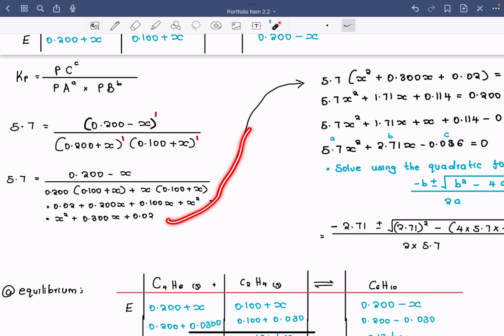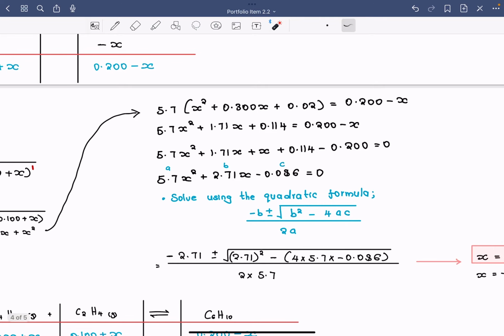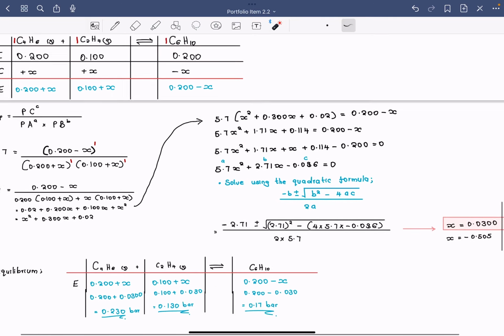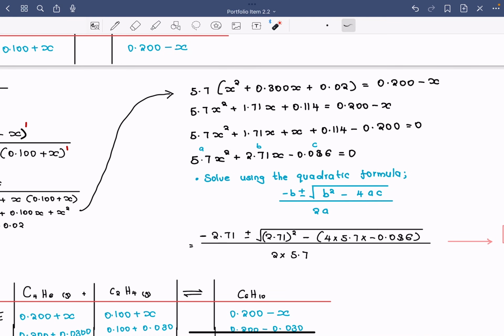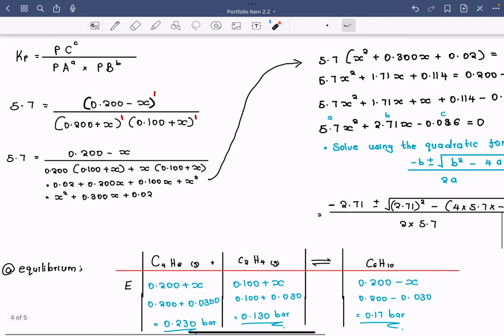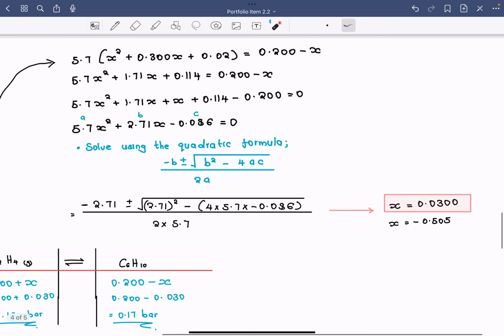So it's 5.7 times X squared plus 0.300X plus 0.02 equals, remember, that is still there, 0.200 minus X. And I open my brackets by distributing the 5.7, so it'd be 5.7 times X squared, 5.7 times 0.300X, and 5.7 times 0.02, and I get 5.7X squared plus 1.71X plus 0.114 equals 0.200 minus X.